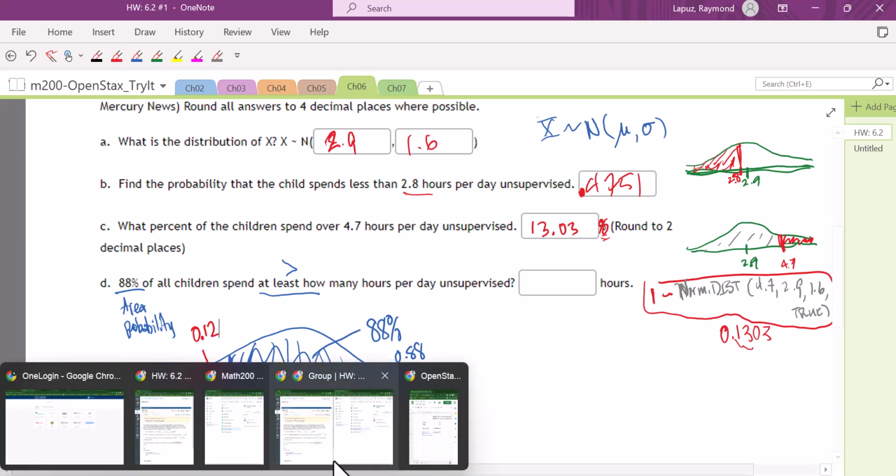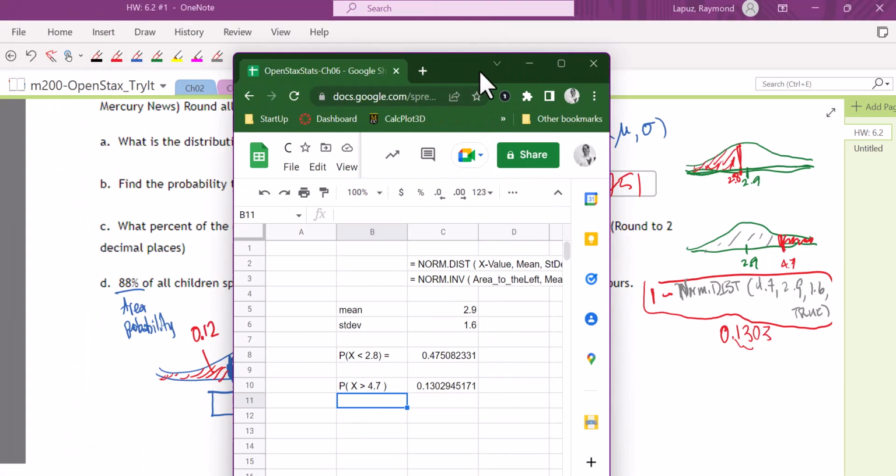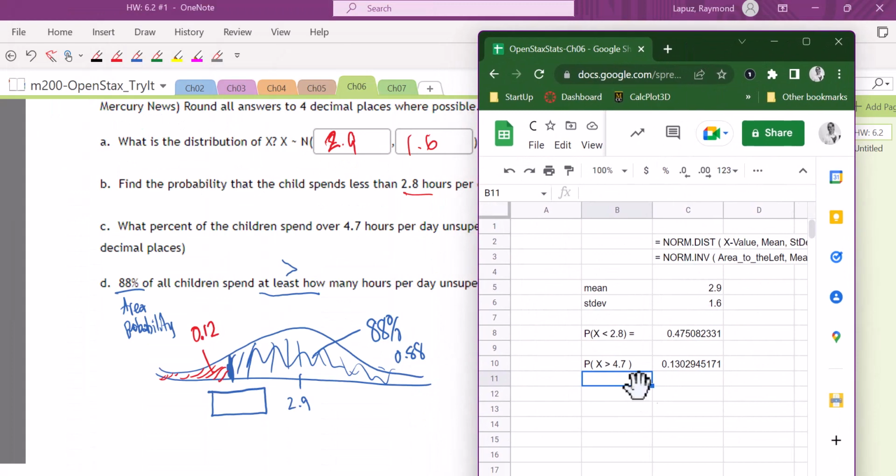All right, so back to our Google Sheets program. Essentially we're looking for the 12th percentile, and to get that, I'll put it down here. We're going to call on the inverse norm function.